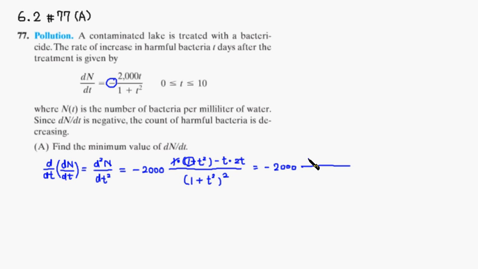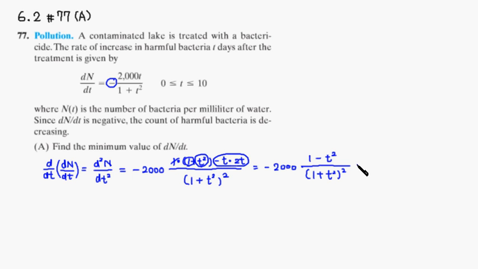So you have 1, then positive t squared, and negative 2t squared. Combine them, we get a negative t squared. Then on the bottom, you would have the quantity 1 plus t squared, squared.